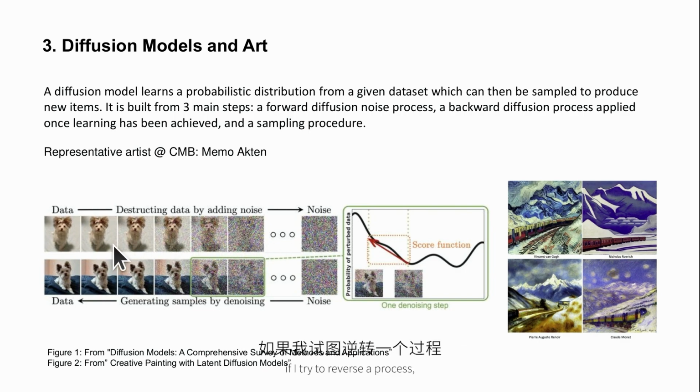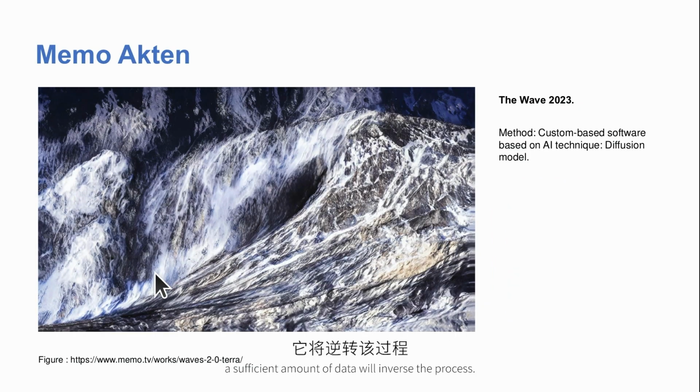If I try to reverse the process, what I've learned about how the noise is changing the data, I can actually inverse that process. And this has been shown to be a very successful approach. So the system, once trained with sufficient amount of data, will inverse the process.